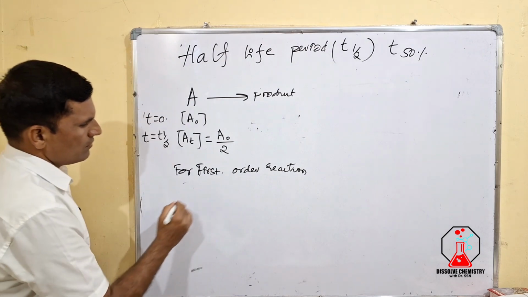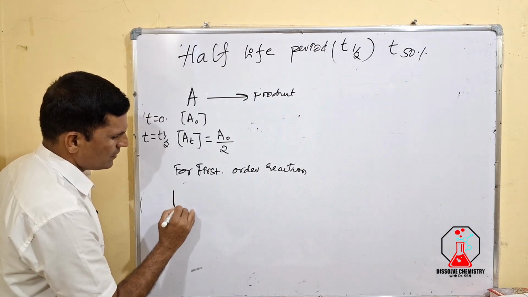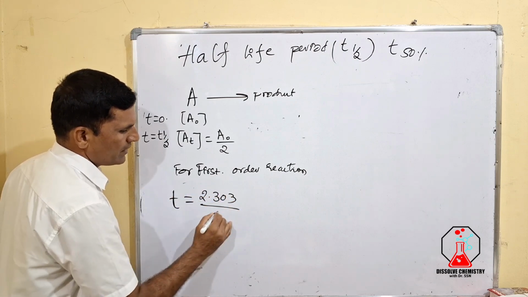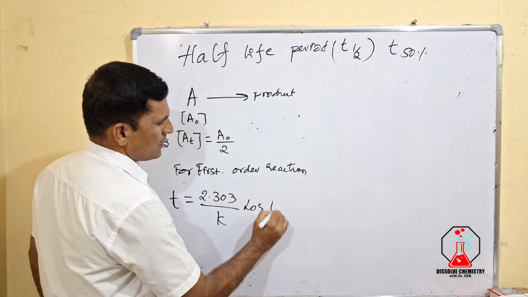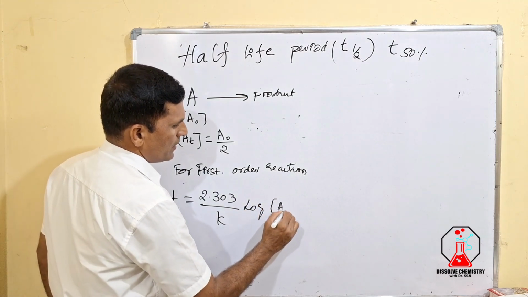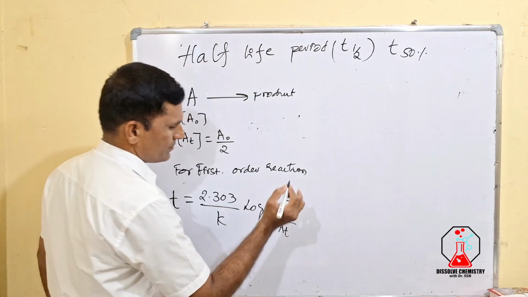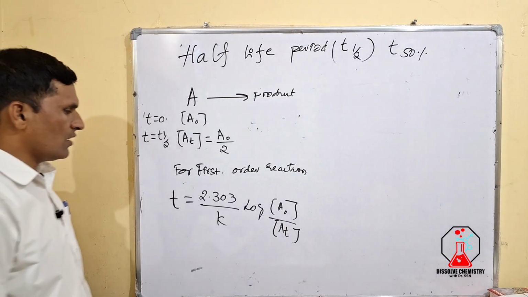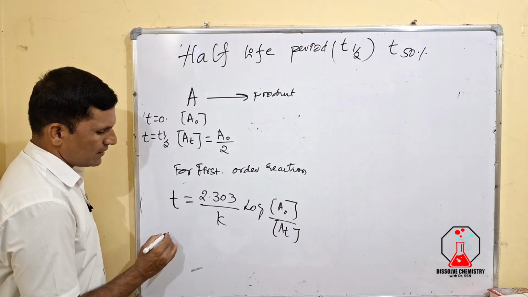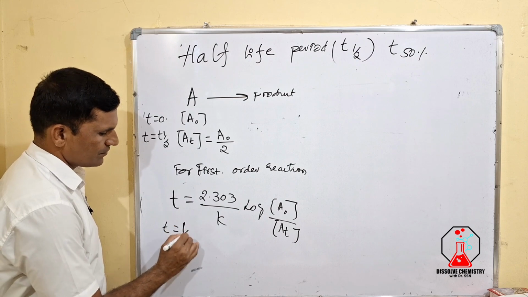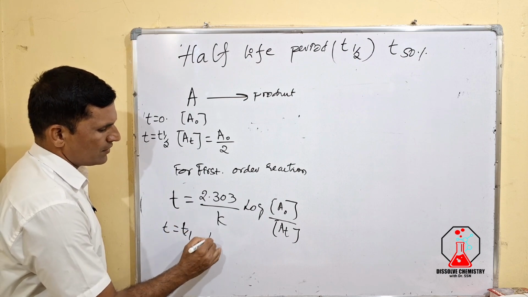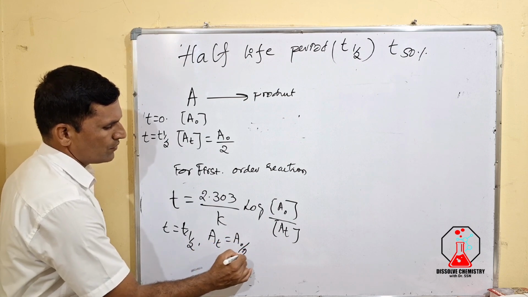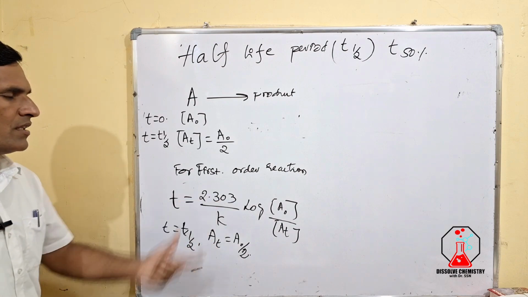Now write the integrated rate equation. T is equal to 2.303 by K into log A naught by AT. This is the integrated rate equation for a first order reaction. Now you substitute T as T half, and the concentration at time T as A naught by 2 in the above equation.